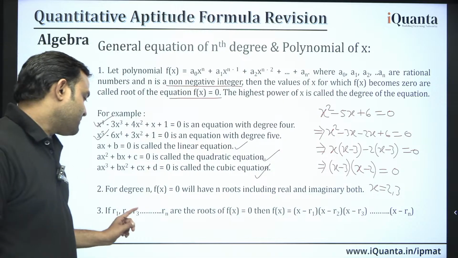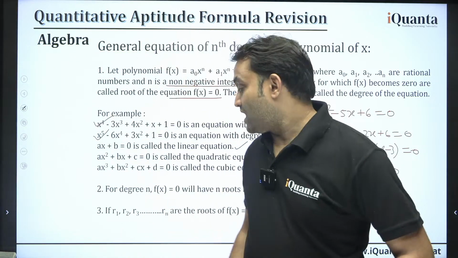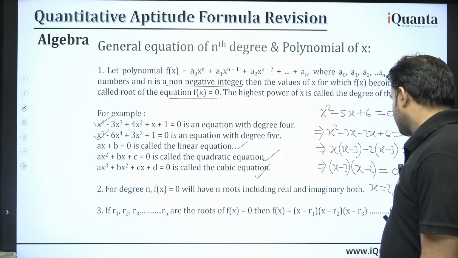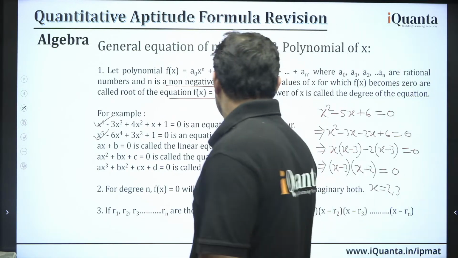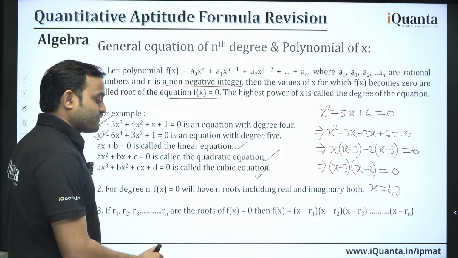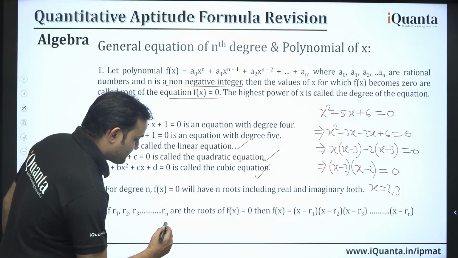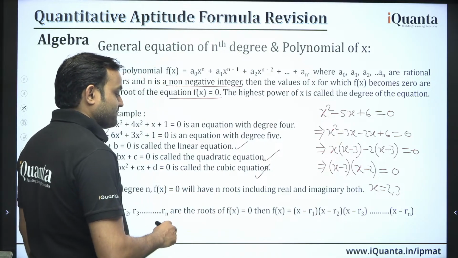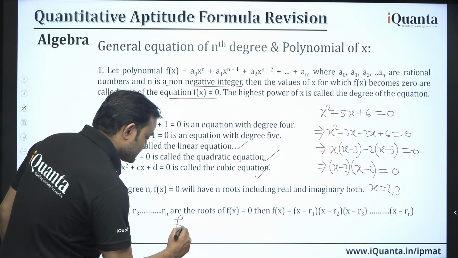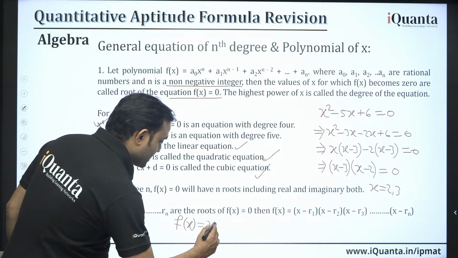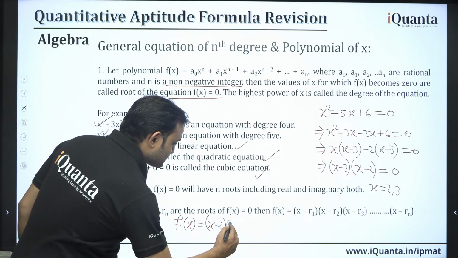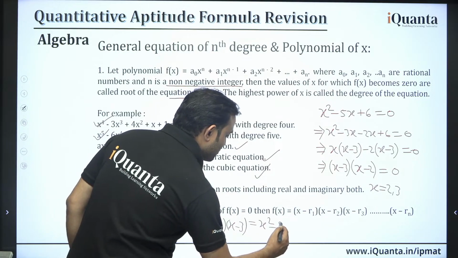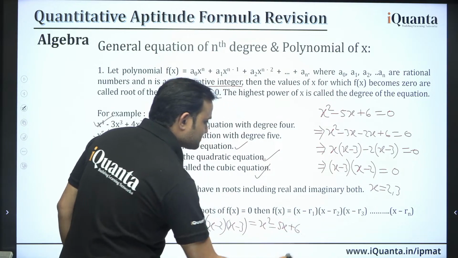Then comes, if r1, r2, r3, ..., rn are the roots of f(x) = 0, then f(x) will be this. Comparing this, 2 and 3 are the roots of the equation. So what we can say, 2 and 3 are the only roots of f(x) = 0. Then we can say f(x) is equal to (x minus 2) into (x minus 3), which will be equal to x square minus 5x plus 6.